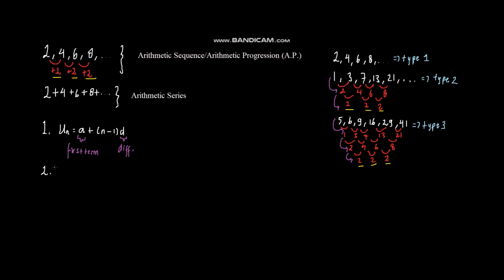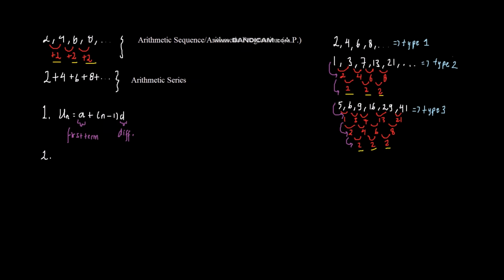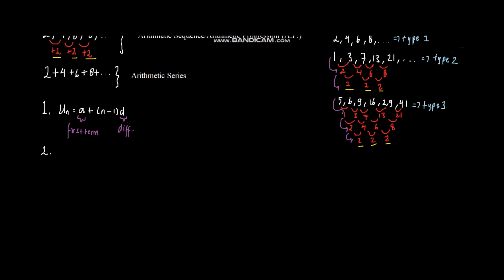Let me write the nth term formula for types 2 and 3. They're actually pretty similar.